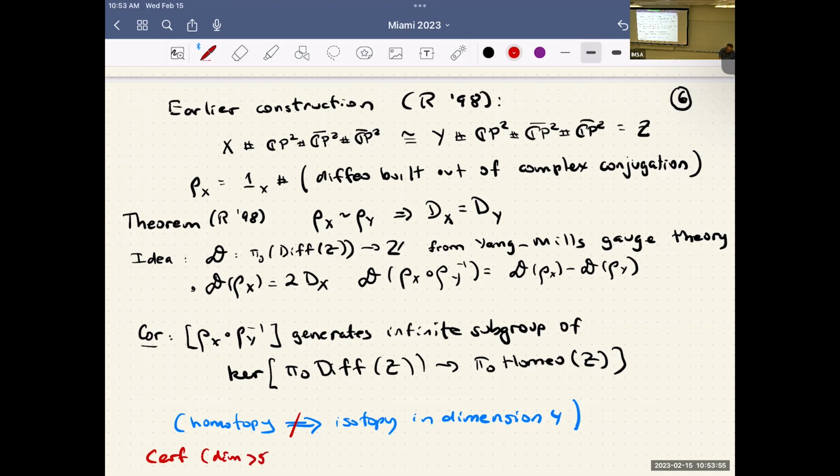There were some additions around 1960. It says that pseudo-isotopy, which is a stronger relation than homotopy, implies isotopy. So this is again a new phenomenon in dimension 4.